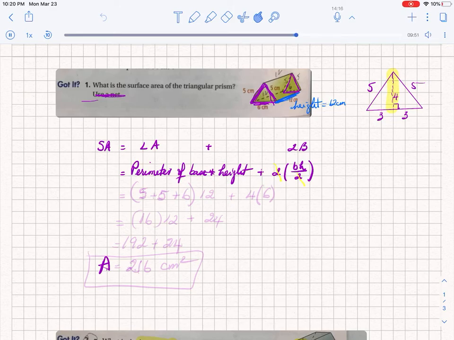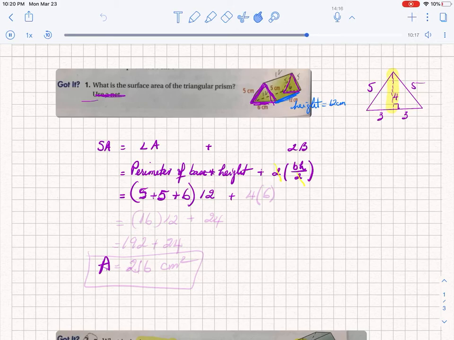So I should have the perimeter of the base, which is going to be 5 plus 5 plus 6, times the height. The height in this case that we determined is 12.